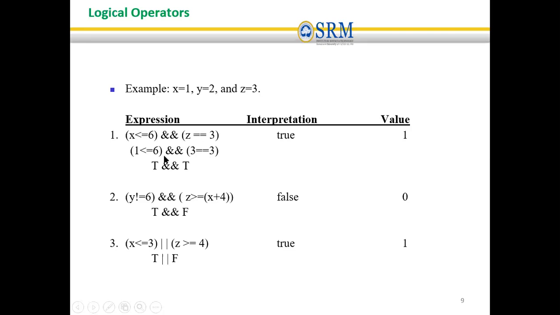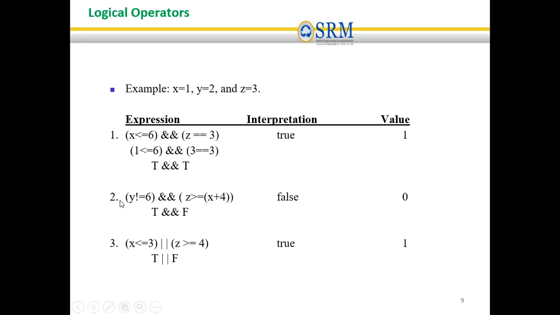When you substitute the values of x and z, x is equal to 1 and z is equal to 3. So 1 is less than or equal to 6 and 3 equal to 3. So the result is true and true. According to the truth table, the final result will be true.